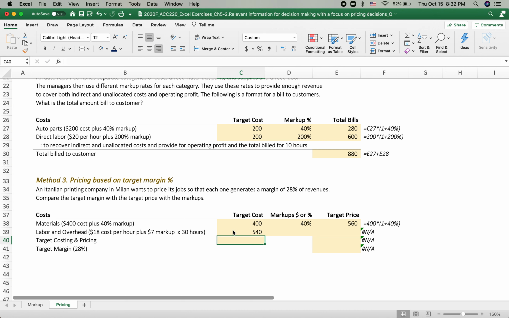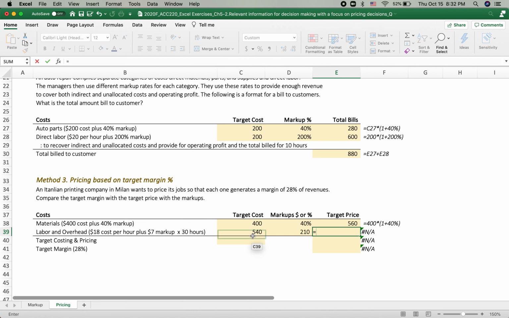And then the markup. How do you get the markup? Plus $7, they want to get more. So this markup is also calculated as $7 times 30 hours. So this Italian printing company wants to add this markup in dollar amount, 210, to the target cost of 540.